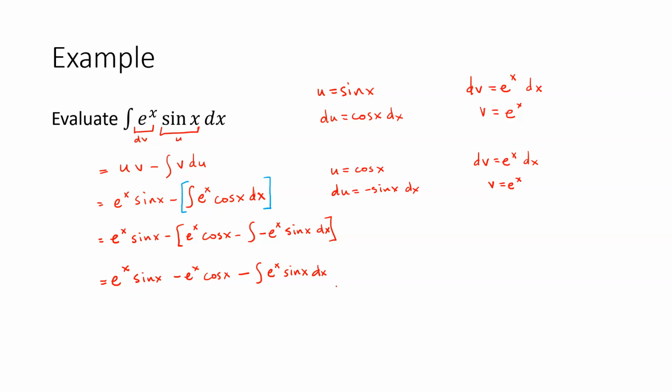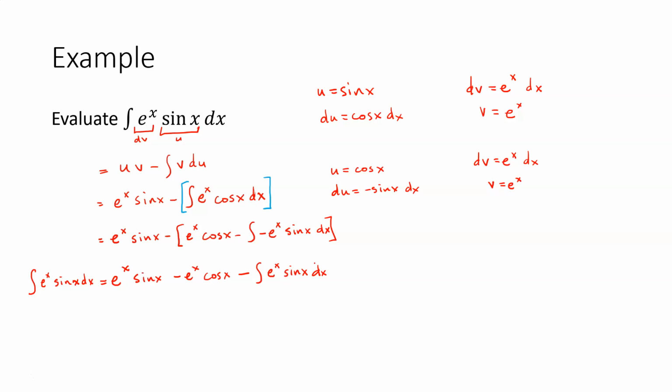In fact, we can use this to solve for the integral algebraically. In other words, we're going to think of this like an expression that we can isolate in the equation. Right, because essentially now what I've got is this integral here that we started with is equal to e to the x sine x minus e to the x cosine x minus that integral that we started with.